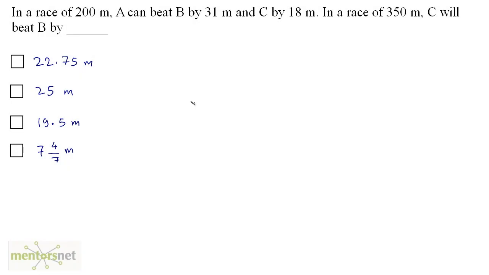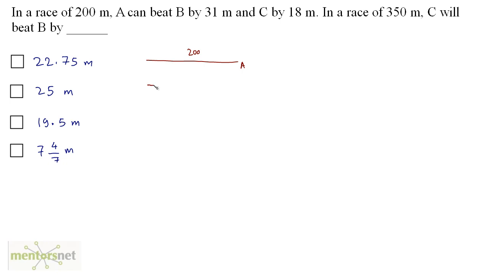In a race of 200 meters, A can beat B by 31 meters and C by 18 meters. In a race of 350 meters, C will beat B by how much distance? Let us talk about the race of 200 meters first. A beats B by 31 meters. This means that A completes 200 meters and B is 31 meters behind.